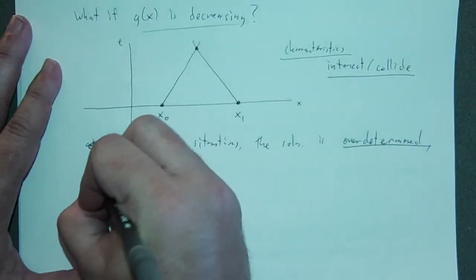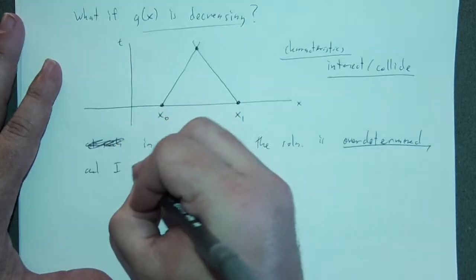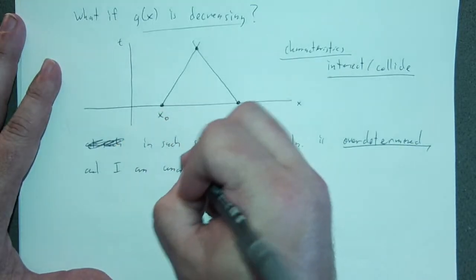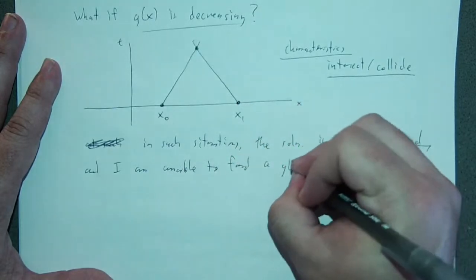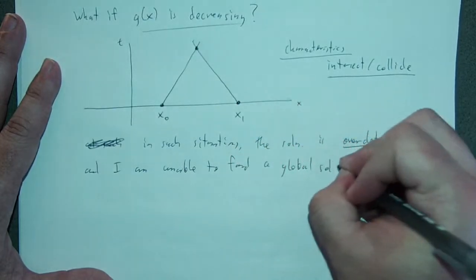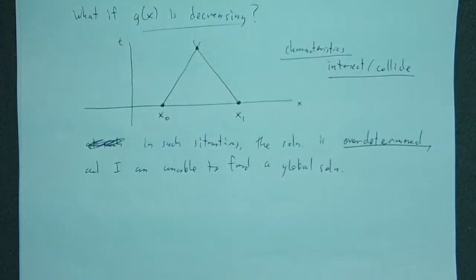And I am unable to find a global solution on a domain where this happens. So maybe I'm able to find a solution on a strip of the domain, a piece of it, but suddenly I have issues here.